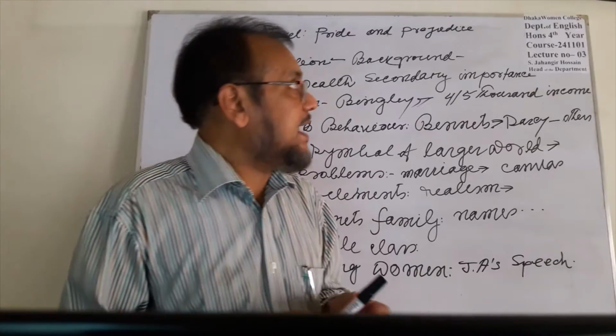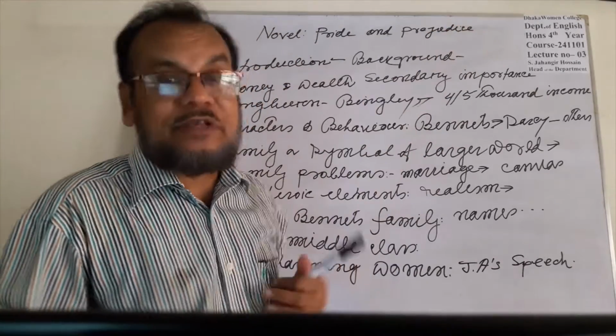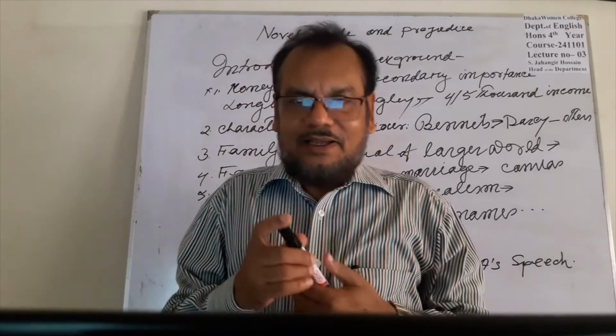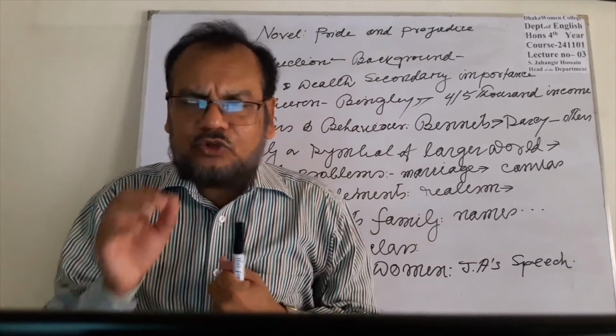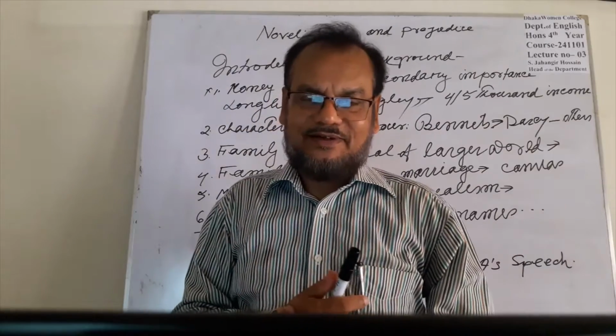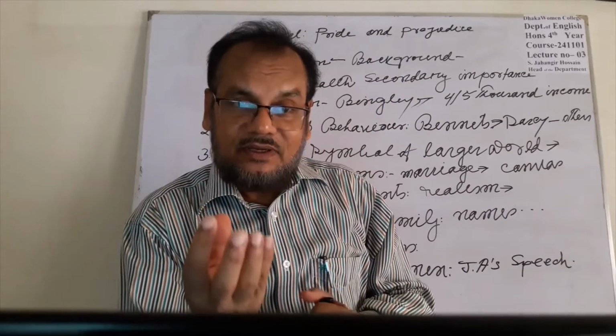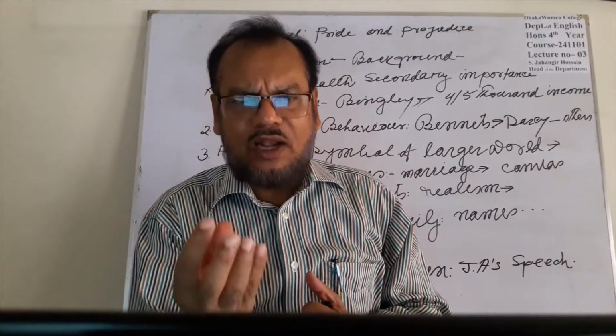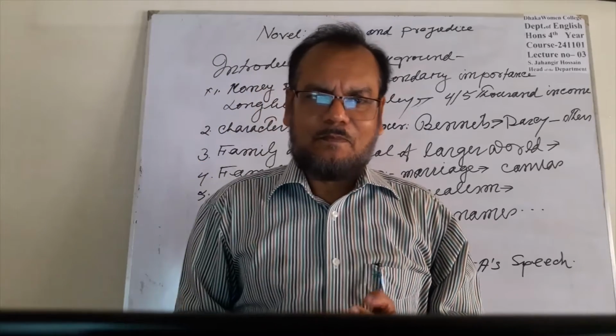And when we see any picture, suppose there is a painting, through this painting we can get a lot of information. But it is a very small painting, a small canvas.